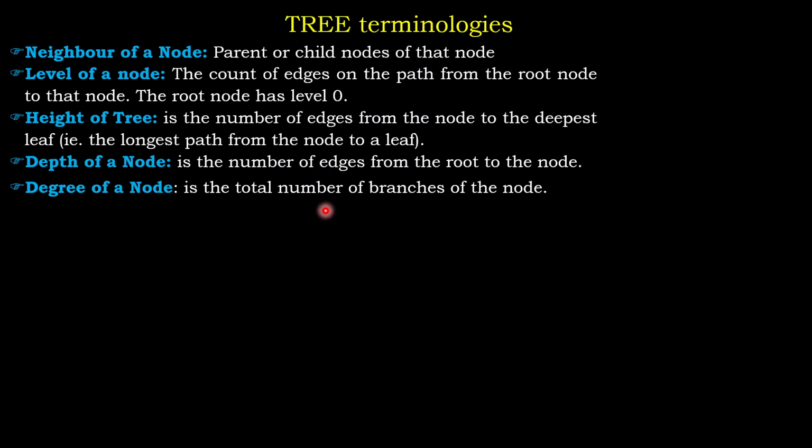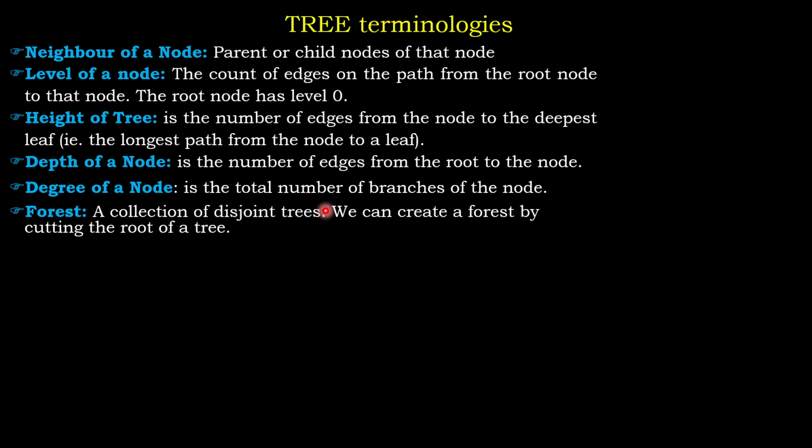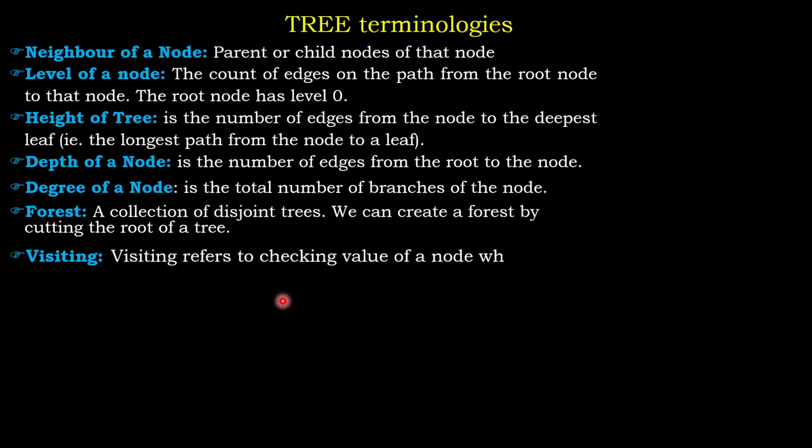And degree of node is the total number of branches, how many branches there are. And then forest is the collection of disjoint trees, meaning all the branches together form one forest. When we cut them apart, they are known as branches. We'll talk about these branches graphically so that it will be clear.